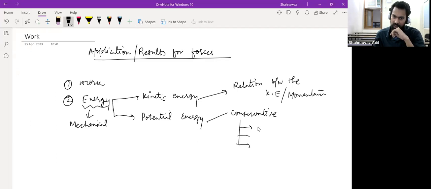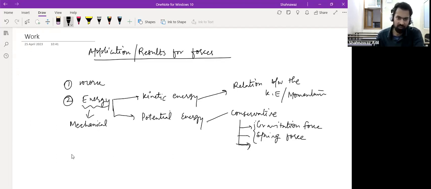One is, as you have told, gravitational force, and the other one is the spring force. And the other one is the electrostatic force, but we'll discuss only these two.